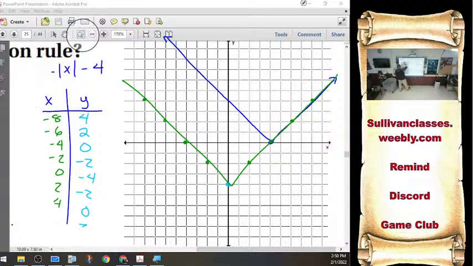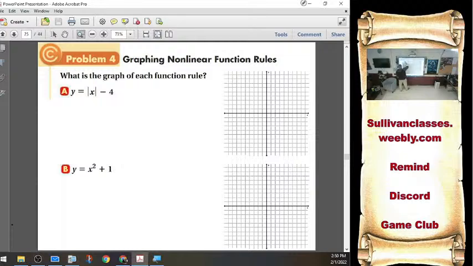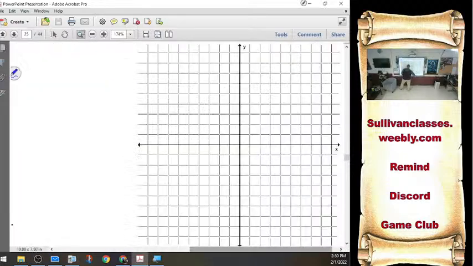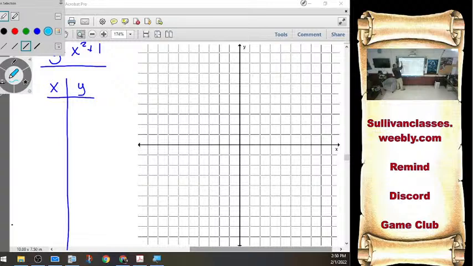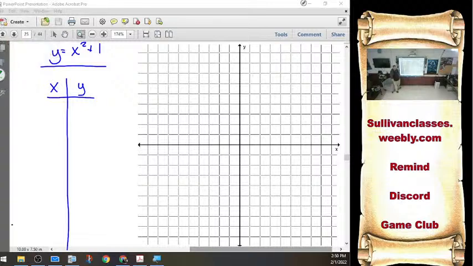Okay, can you do it with x squared? I hope you know how to square stuff. X squared plus 1, no parentheses. What numbers do you want to pick?